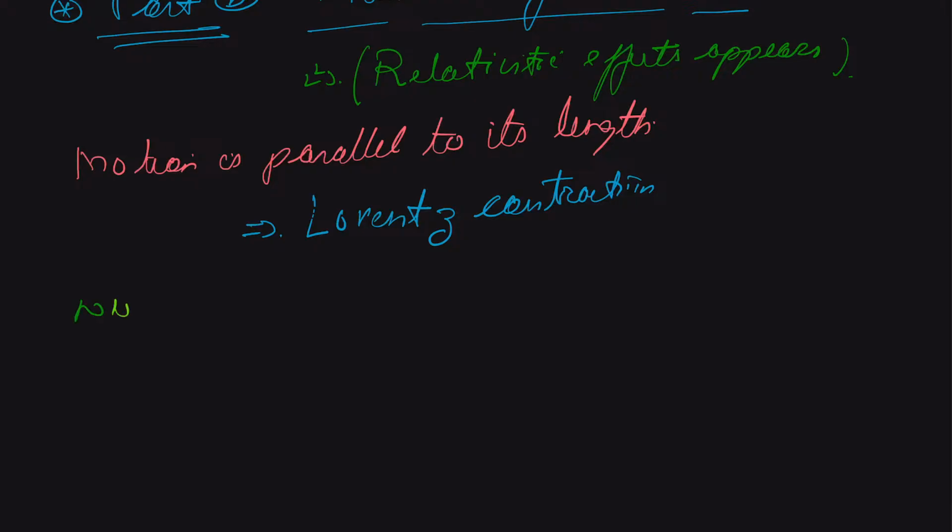So we can say our new length, that is our L prime, will be equal to L divided by a factor, that is our gamma. And this gamma is nothing but our relativistic parameter. So this gamma is equal to 1 upon the square root of 1 minus v square divided by c square. And here v is the velocity which is given to us as 0.9 times c.